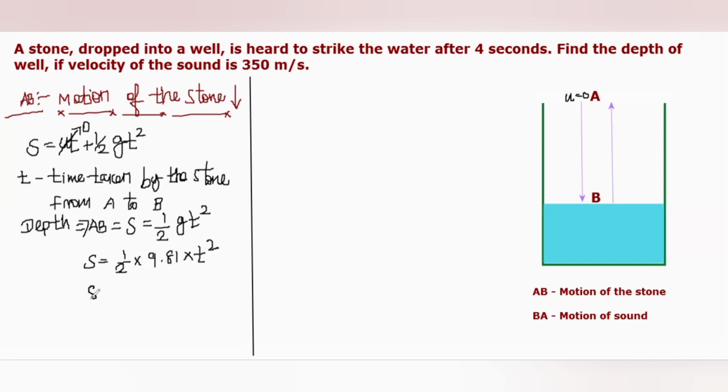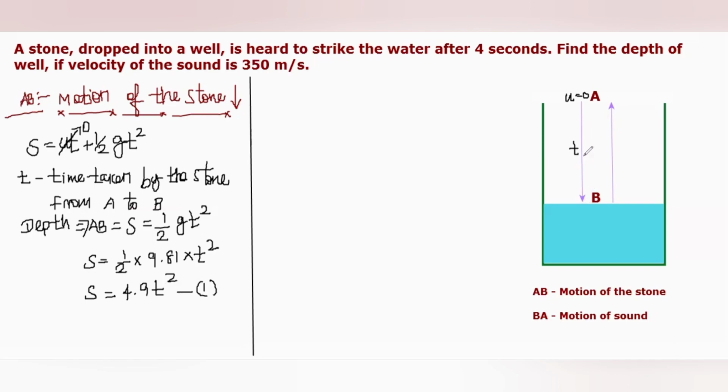If we simplify, we get S equal to 4.9 t square. This is one equation. That means we got the depth of the well in terms of t, where t is the time taken by the stone from the dropping point A to the striking point B.